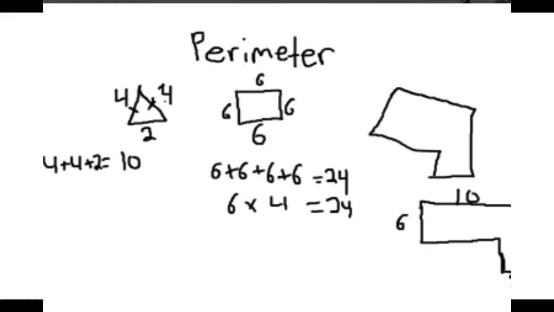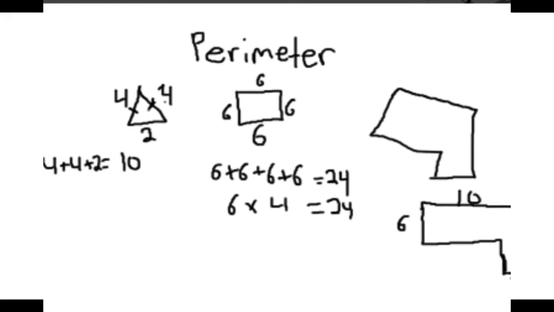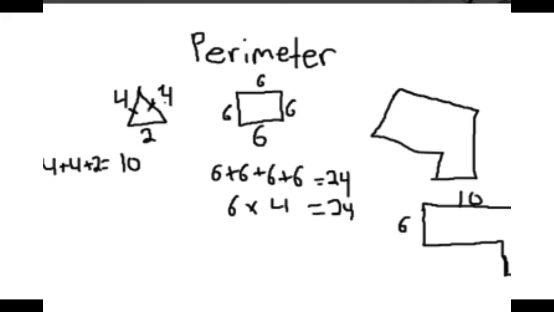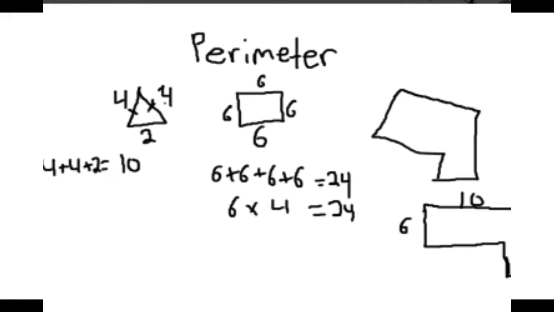And let's say this is a length of 8. Now they could ask us to solve for the perimeter of this shape, but as you notice, there's two sides that we don't know. So what we'd have to do from here is figure out the length of these two sides.